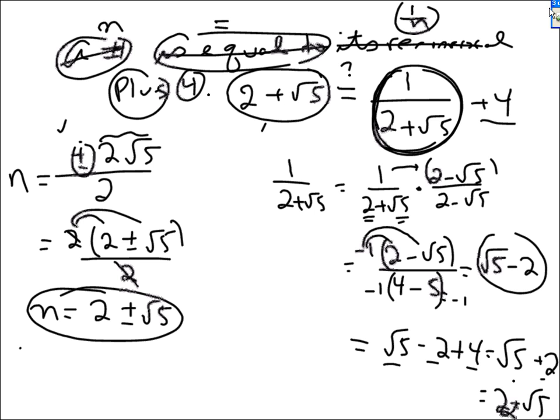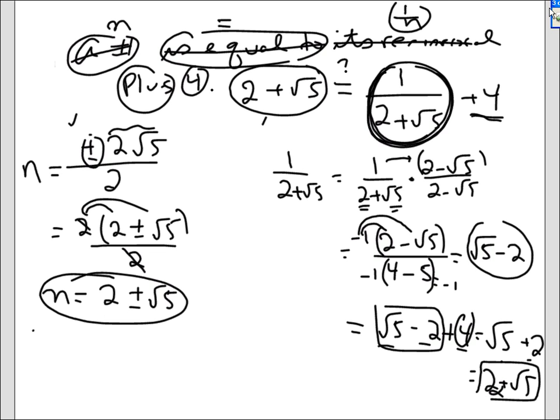I took the reciprocal of this number, this is what I got, and then I added 4, and amazingly, I got 2 plus square root of 5. And if you did it with the minus, you'll get the same exact thing. 2 minus square root of 5 will equal 2 minus the square root of 5. So there are two numbers. Now when you take their reciprocals and add 4, you get back your number.